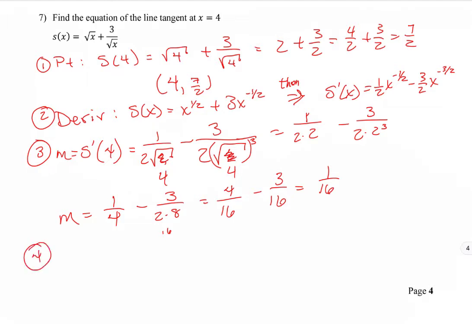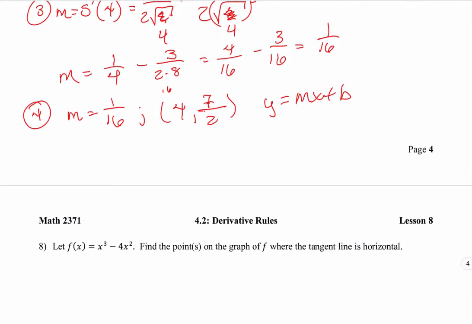So I have a slope of 1/16, the point 4, 7/2, and y equals mx plus b. And I didn't leave myself a whole lot of room. All right. So doing that, I get that I have 7/2 equals 1/16 times 4 plus b.